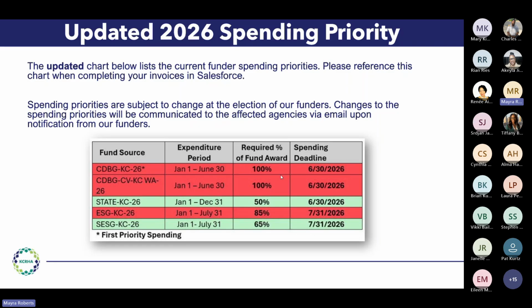Any changes that we receive from our funders will be communicated to all of you as soon as possible to ensure that we meet the spending deadline. Another update that was communicated to us was the ESG-King County-26. 85% of those fund awards need to be spent by July 31st, 2026.